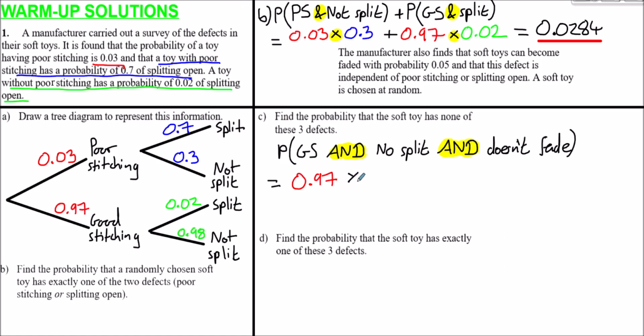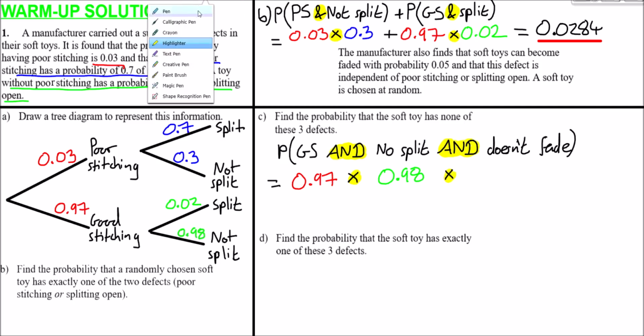And then, so multiply that by the probability that it does not split. So given that the stitching is good, so we're going along this avenue here, the chance it doesn't split would therefore be 0.98. And then, so multiply yet again, we're after the chance that it does not fade.